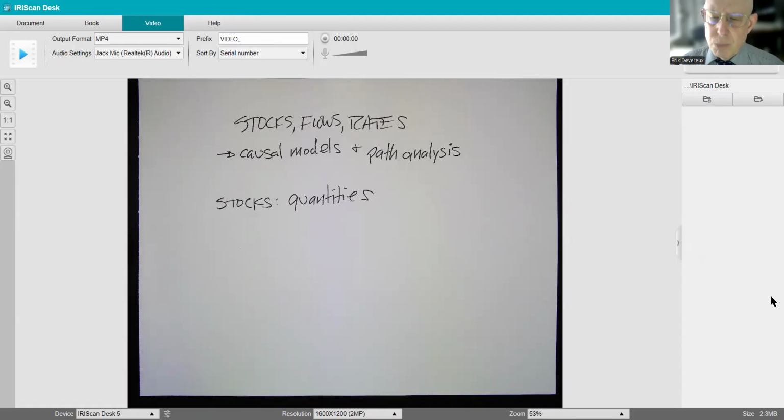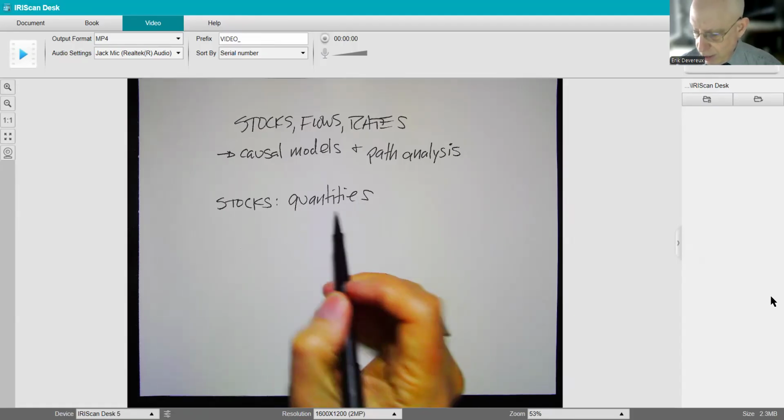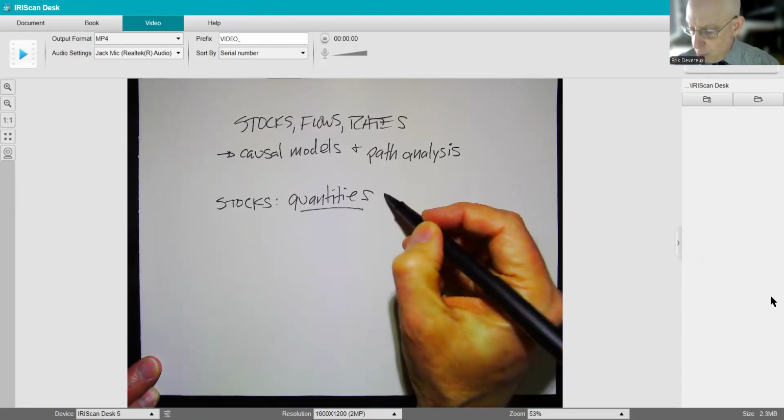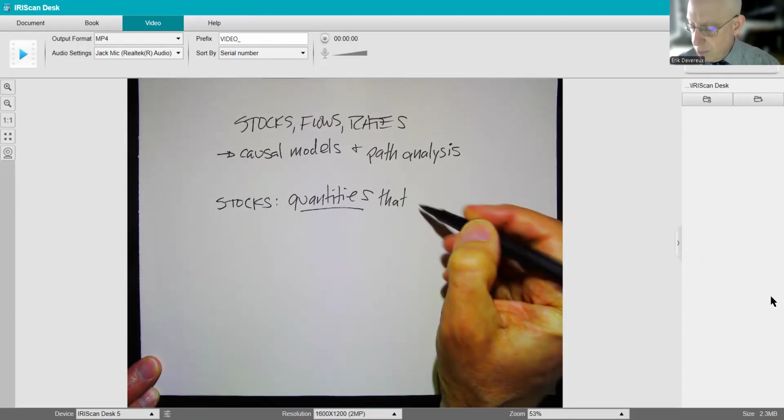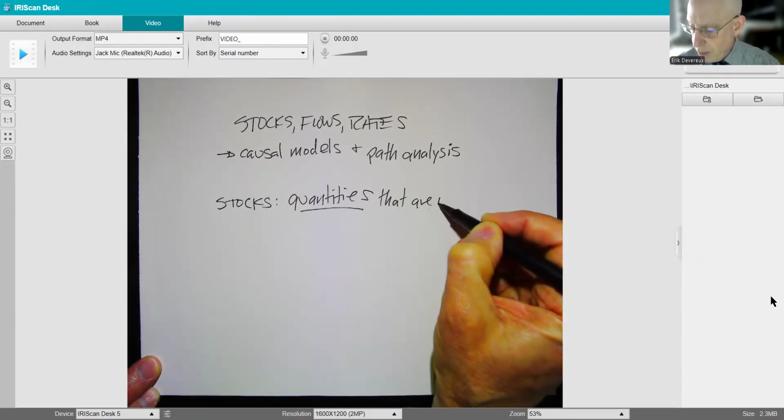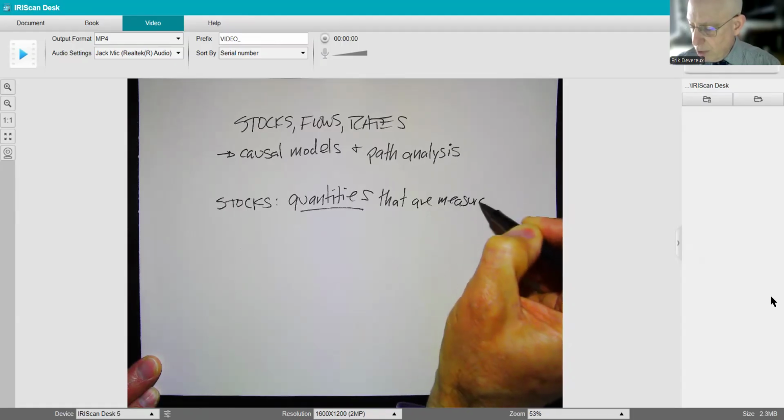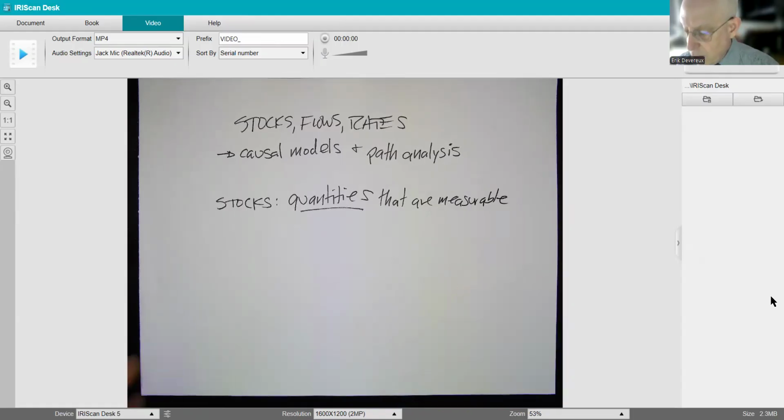And that is not what these models begin with. They begin with quantities that are measurable, or at least are conceived to be measurable. We want to be able to measure things in the public policy space and then look at relationships among them.